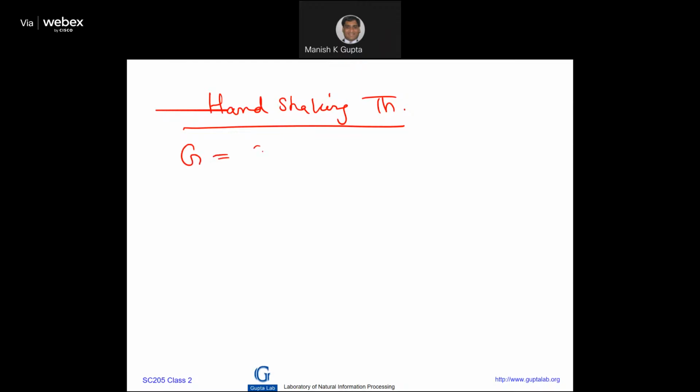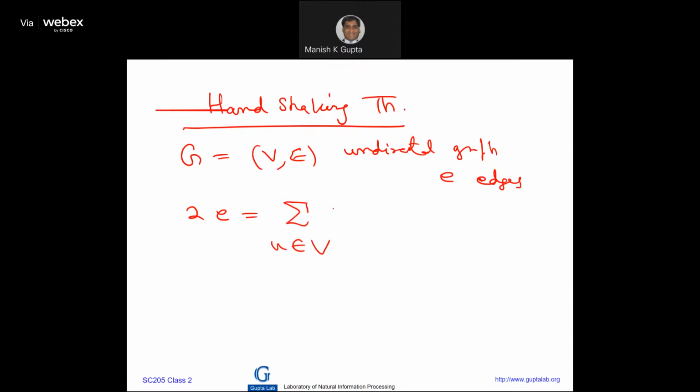Suppose G equals (V, E) is an undirected graph with e edges, meaning the cardinality of E is small e. Then 2 times e is equal to the summation over u belonging to V of degree of u.